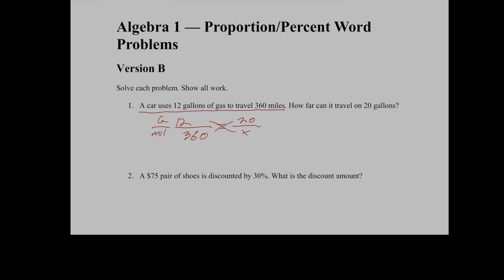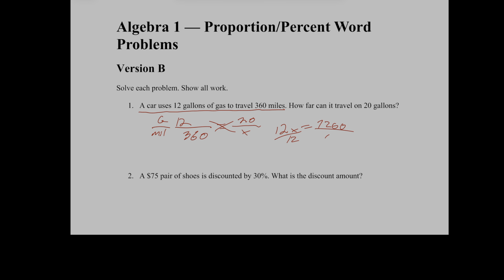Now, once we do our cross multiplying here, and pardon me while I pop out my quick little calculator, because I'm just going to do this on the side, not here on the screen. I'm going to get 12x equals 7260.